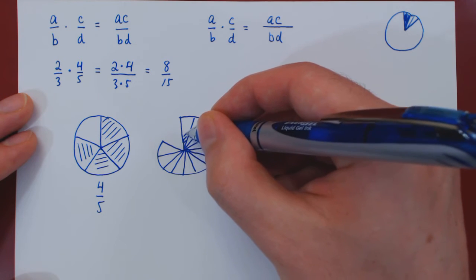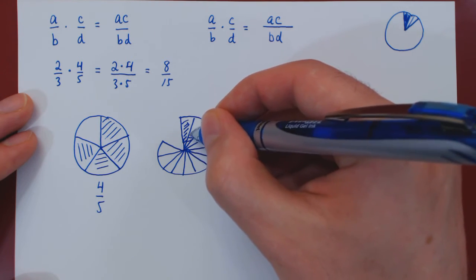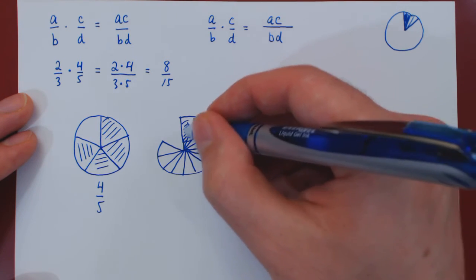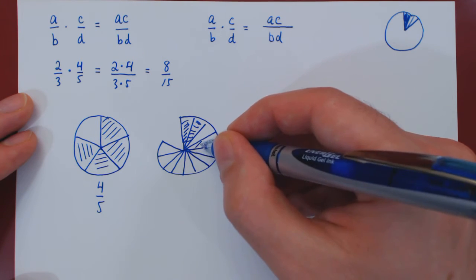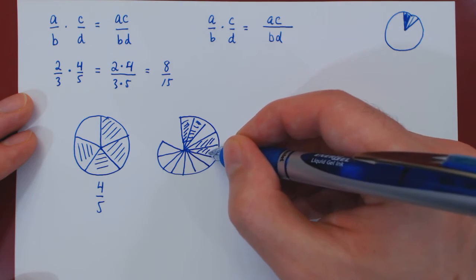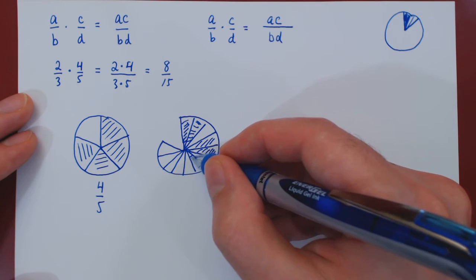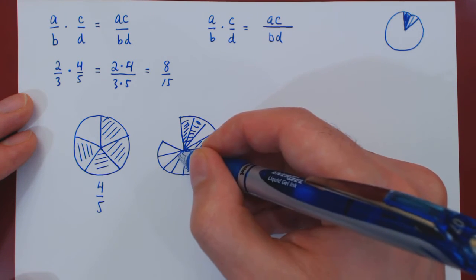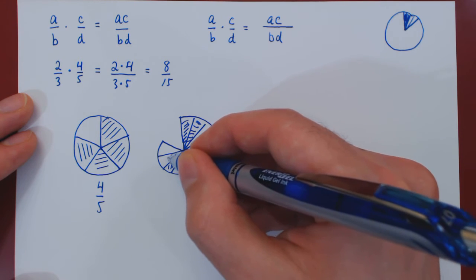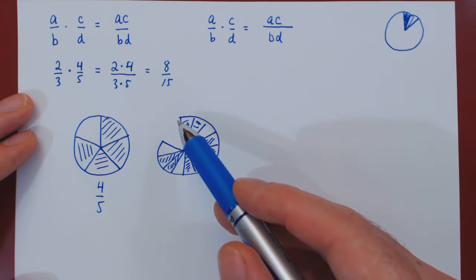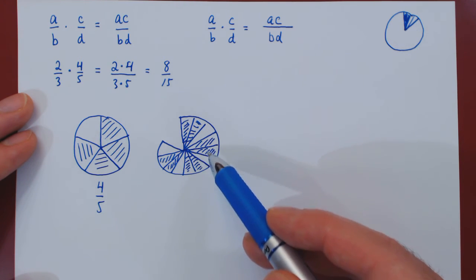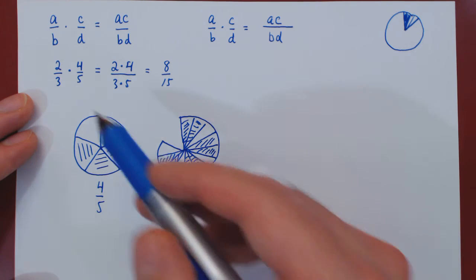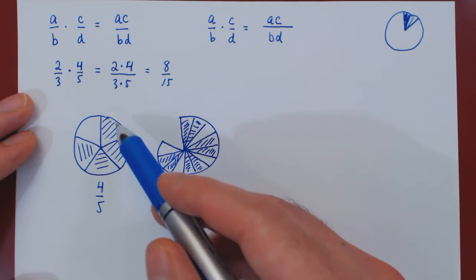So we're going to take the first 2 in each case. That's 2 out of 3 for the first slice, 2 out of 3 for the second slice, 2 out of 3 for the third slice, and 2 out of 3 for the fourth slice. And this is now taking 2/3 of 4/5.